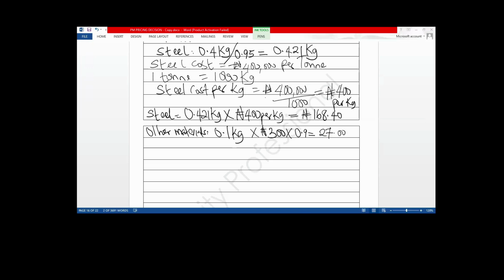Labor cost. The examiner says the labor time to produce 1 unit is 0.25 hours.